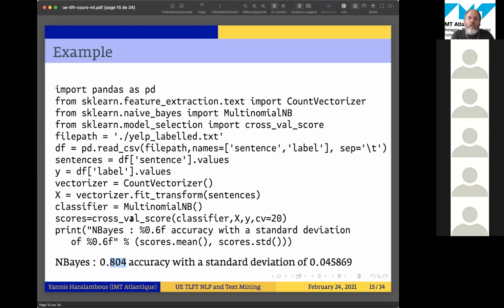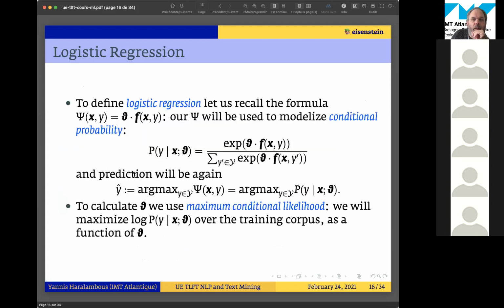Better than accuracy, you have precision and recall, but precision and recall are class dependent. So you will have a value of precision and a value of recall for each class. Accuracy is global. And this ends the part on naive Bayes.